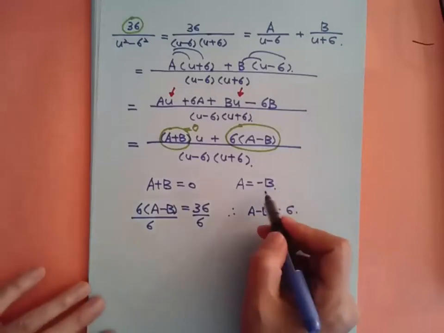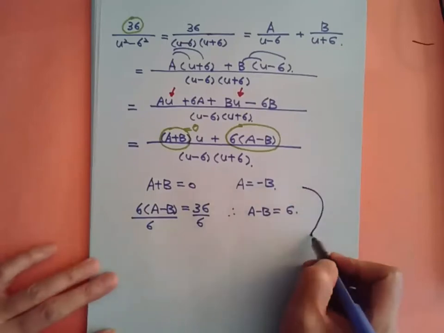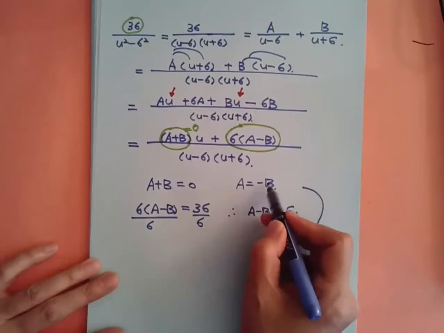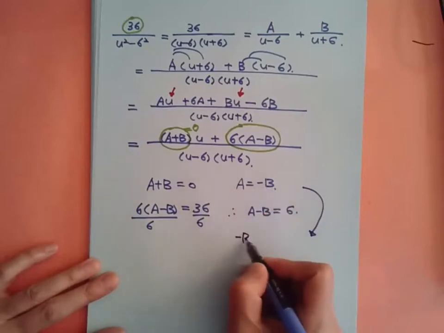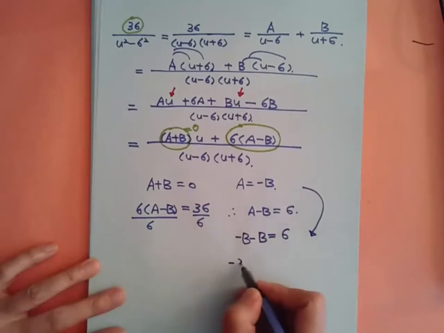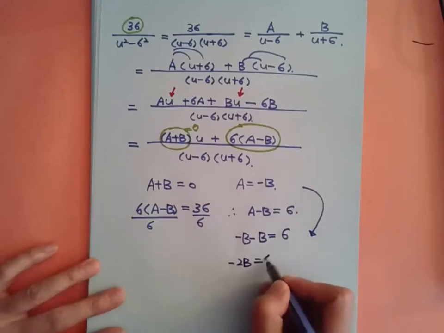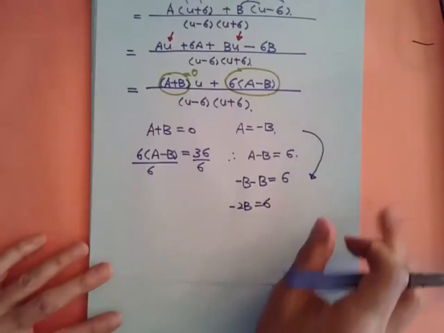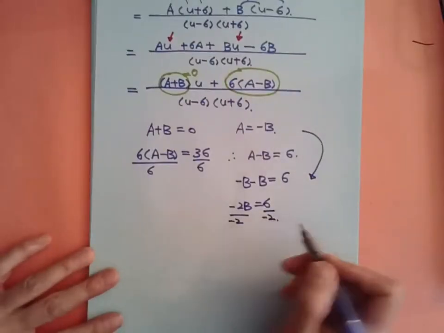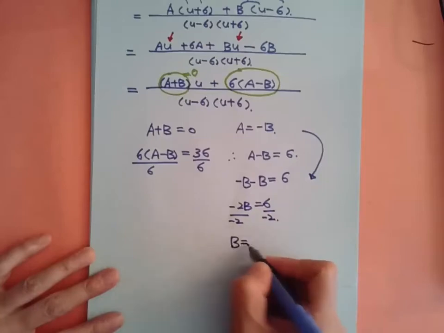So a equals minus b. So here is minus b. So minus b equals 6. So minus 2b equals 6. And we divide by minus 2 on both sides. So b equals minus 3.